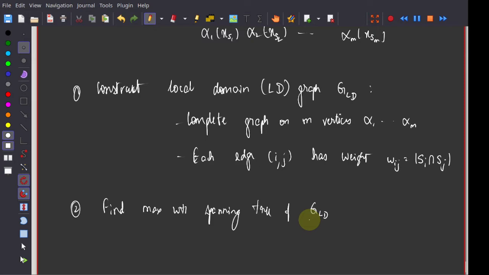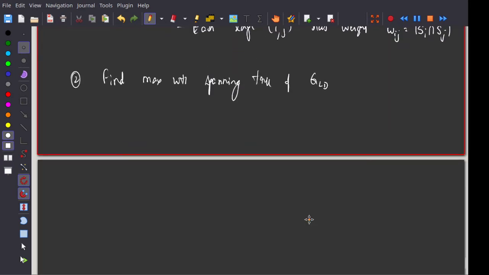There are different algorithms to compute the maximum weight spanning tree, and you use one of those algorithms to find it. Okay, a spanning tree. So what is a maximum weight spanning tree?